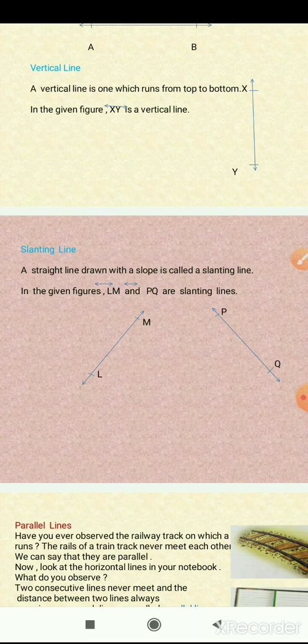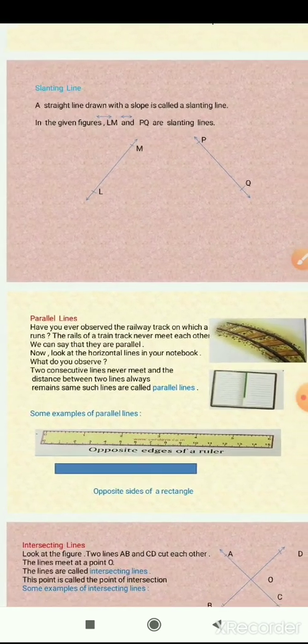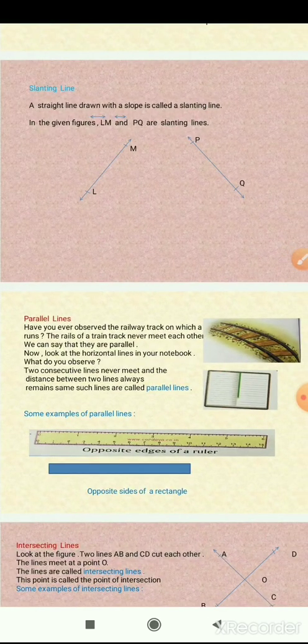Now next is parallel lines. Have you ever observed the railway track on which a train runs? The rails of a train track never meet each other. We can say that they are parallel.